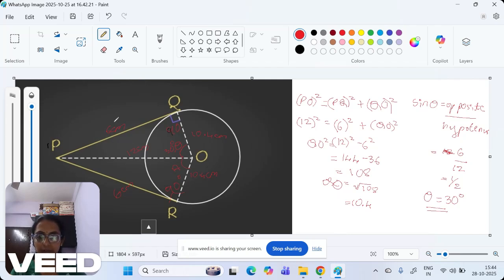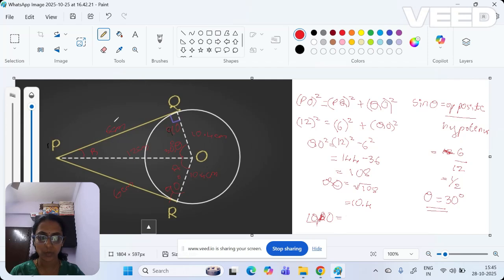So here angle QPO, if we call this angle B, will be equal to 180 degree minus the addition of these two angles, 90 plus 30 degree.